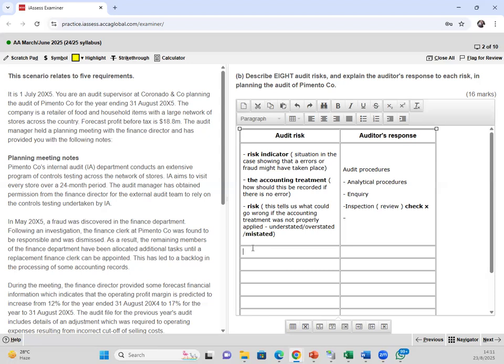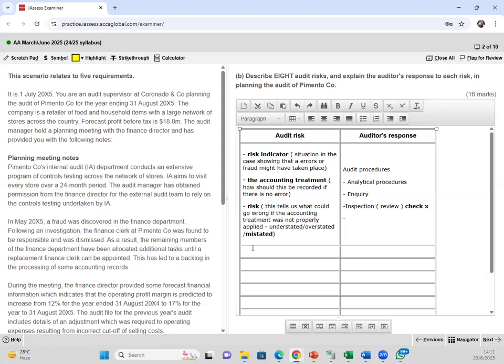Why? Because you have said resulting in the asset figure being misstated. If you are assuming that they might not have removed the asset which has been disposed, then it's a clear indicator that if we have not removed the assets, they are overstated. So we don't want you to hang in between the line to say misstated works for both. No, let's be specific which side we are on.